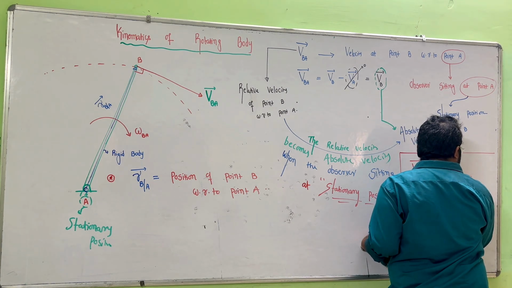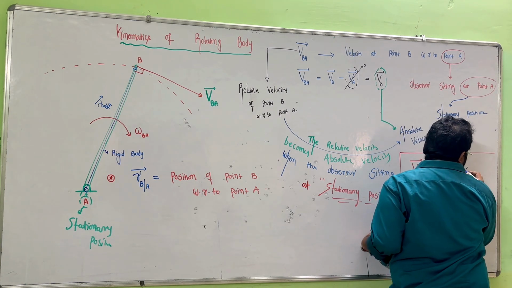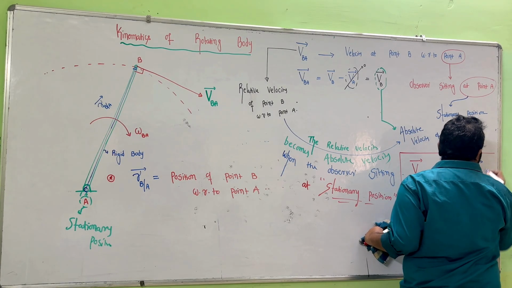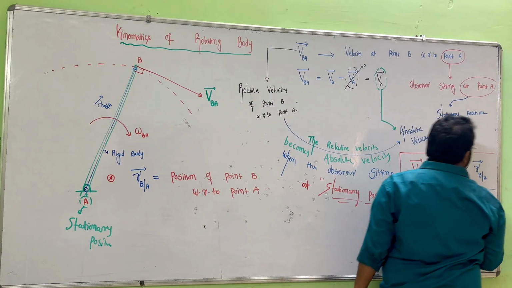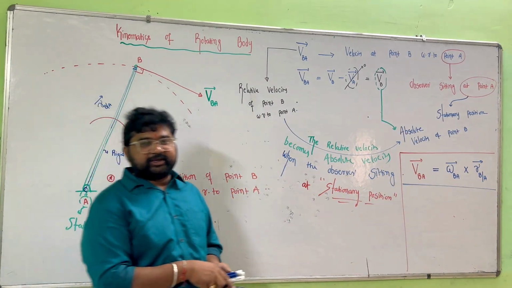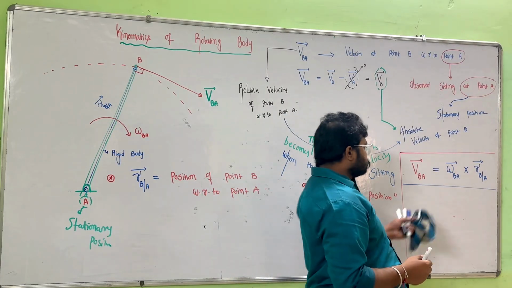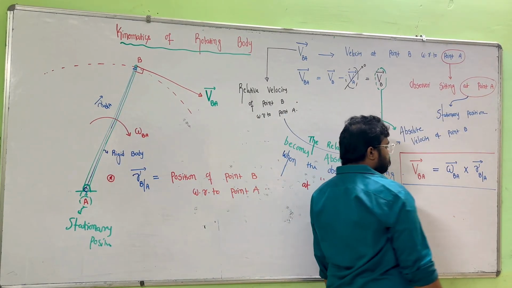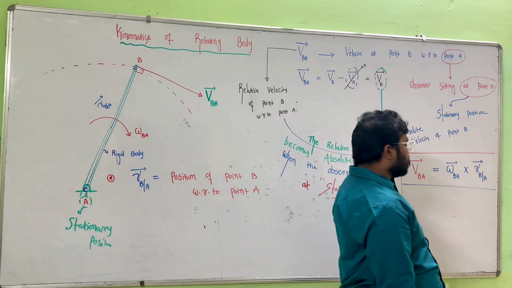The angular velocity of the link BA crossed with the position of point B with respect to point A. Omega bar cross r bar is the rotating component of velocity. Understood?